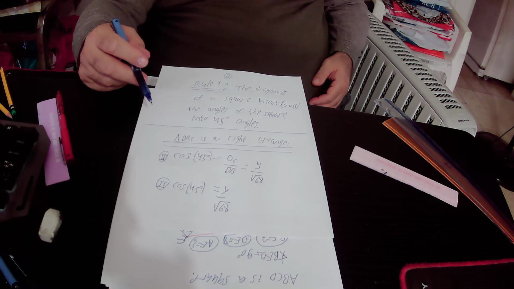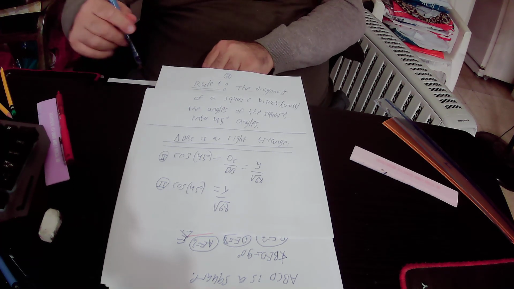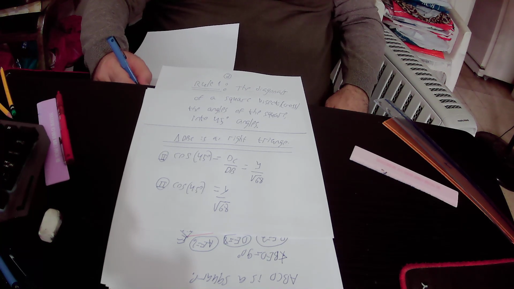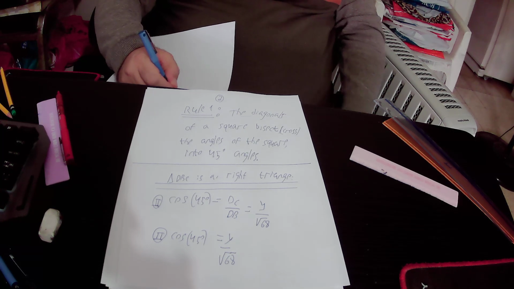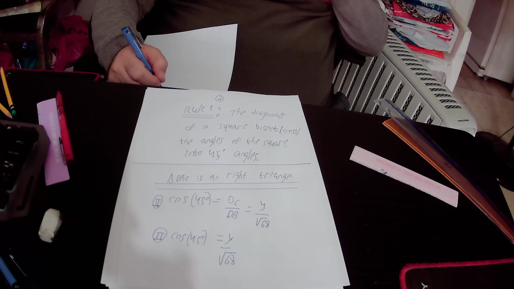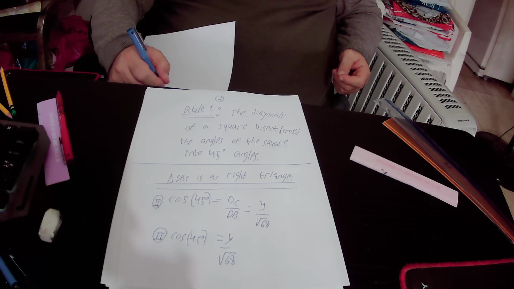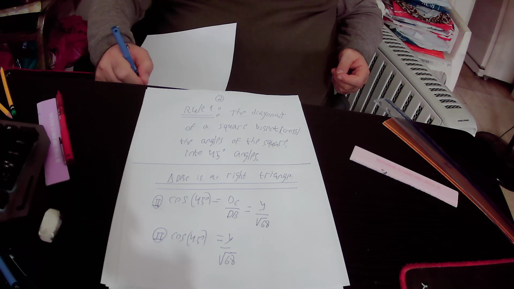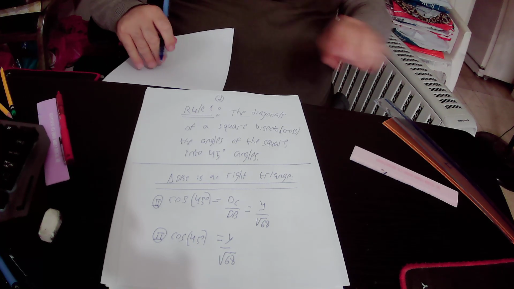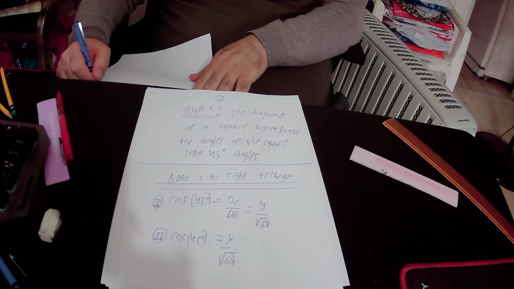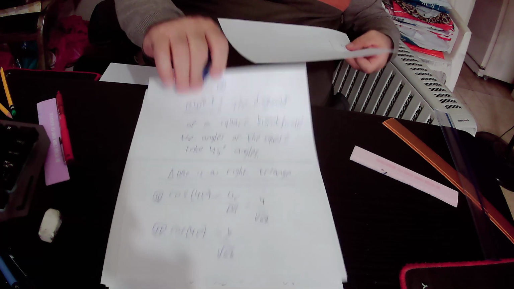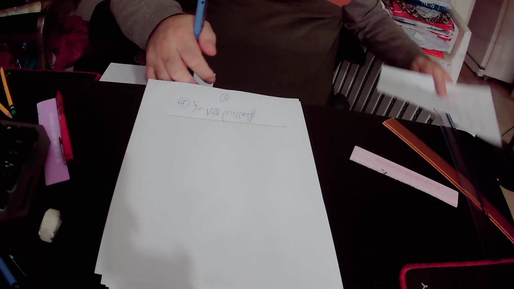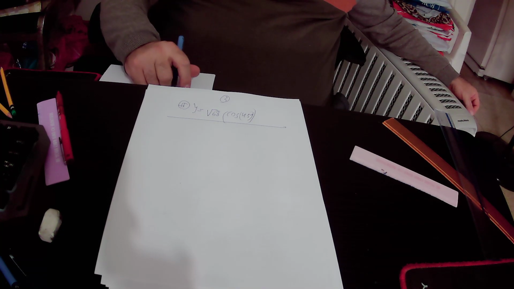Here we multiply equation number 2 by square root of 68, and we will get that y equals square root of 68 times cosine 45 degrees.